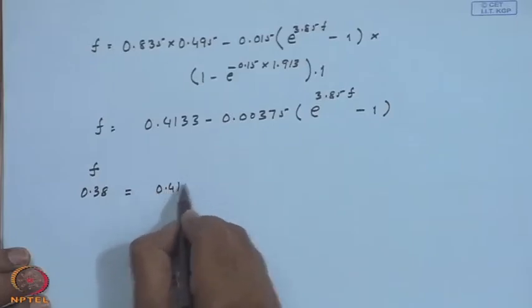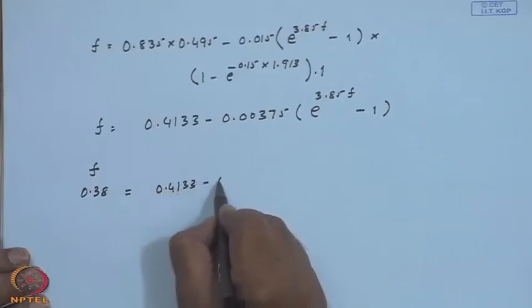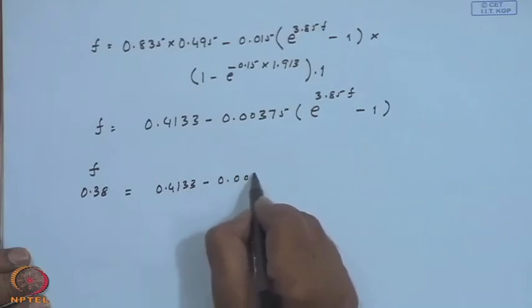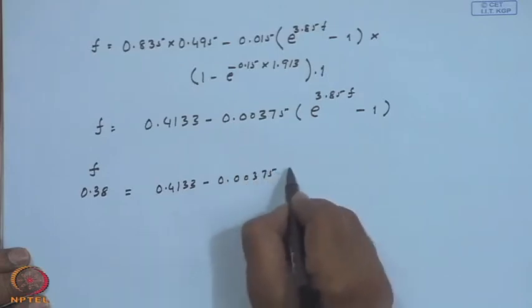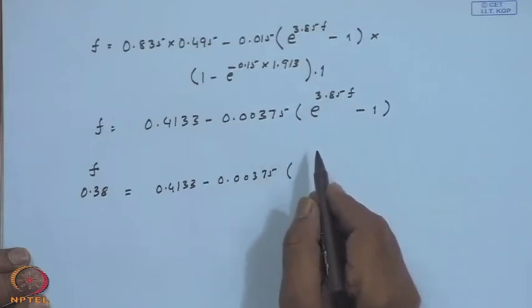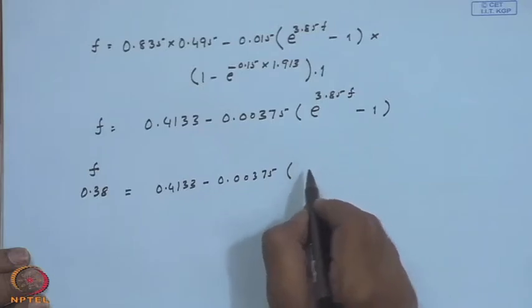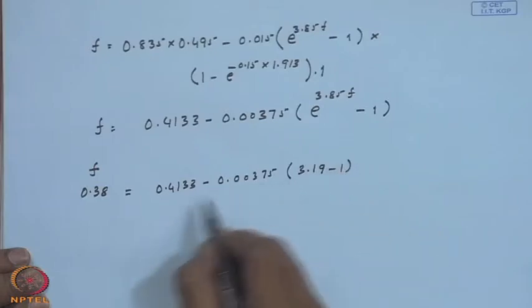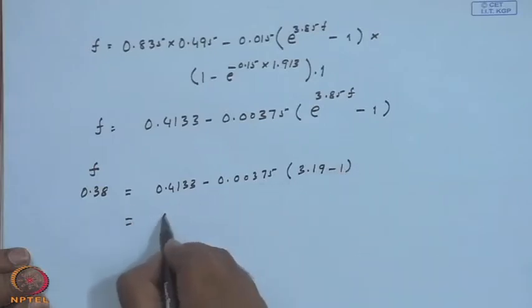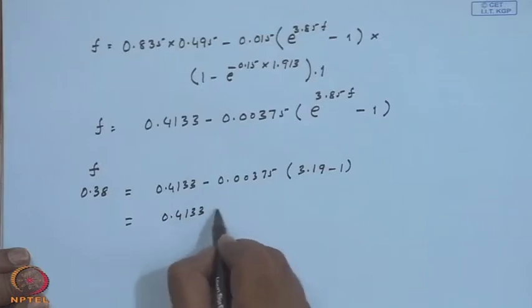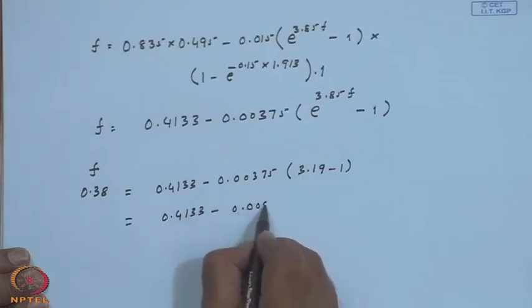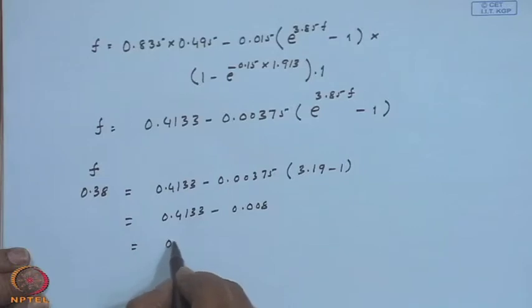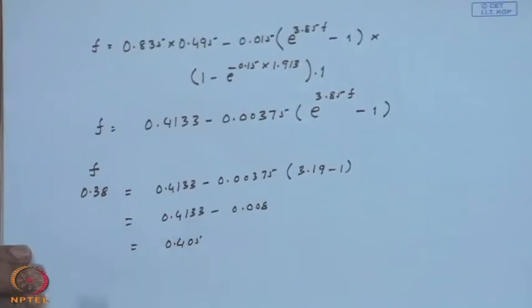That is equal to 0.4133 minus 0.00375 times, you put 3.85 into 0.38, that will turn out to be 3.19 minus 1, which will be 2.19, equal to 0.4133 minus 0.008, that is 0.405. So, this is close, but not as good as it can be.